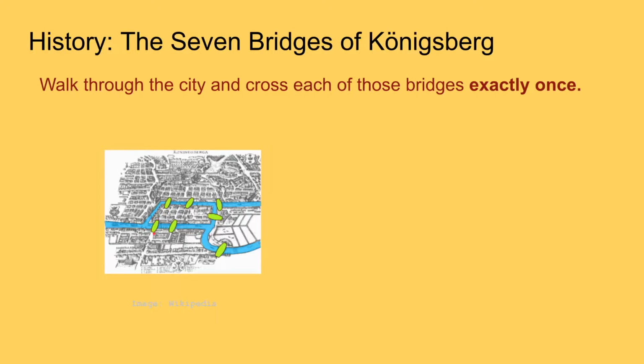So for example, I go from here to here, cross this bridge, then this one, then this one, and this one. But in order to cross this last one, I have to cross one of these two bridges at least one more time to be able to cross this.